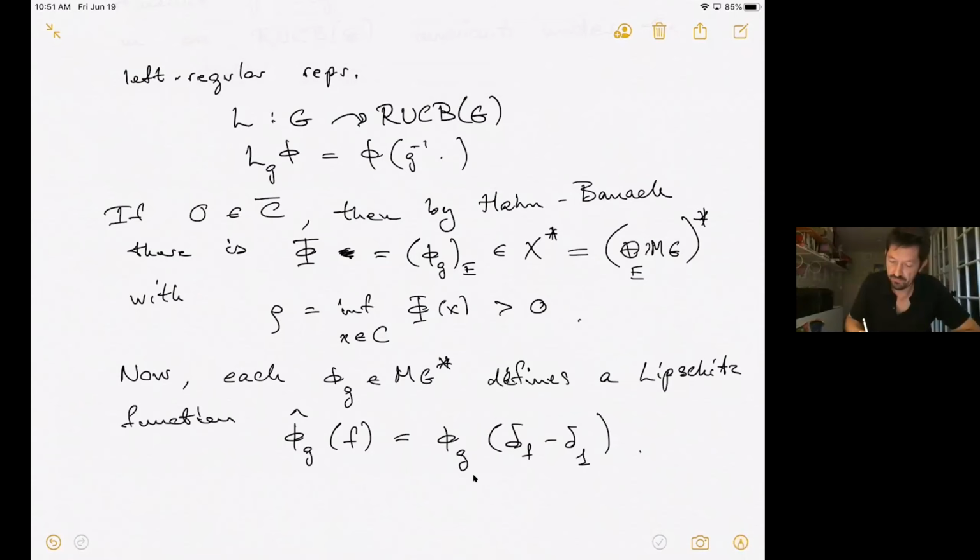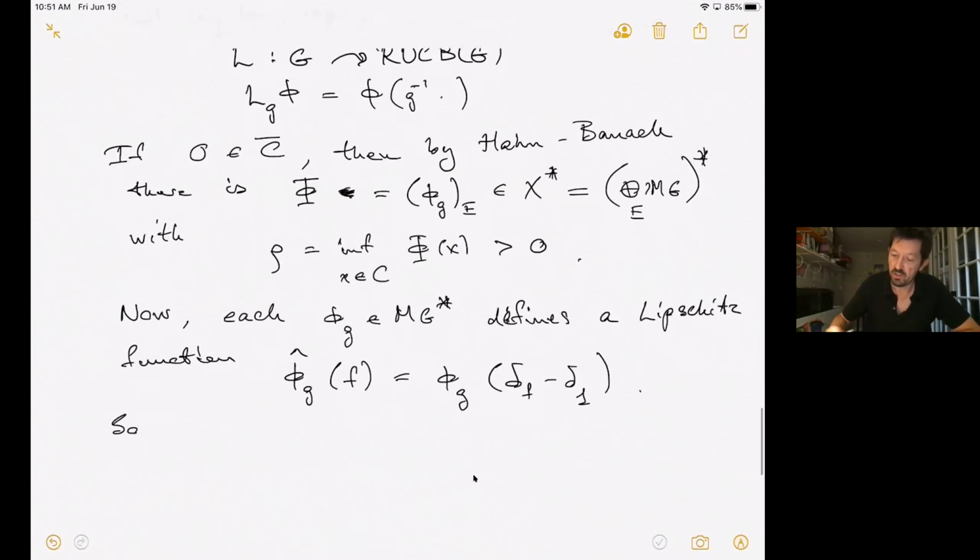So what does this mean? Well, I have a sequence of them, E many of them, and that means that I can define a right uniformly continuous function here.